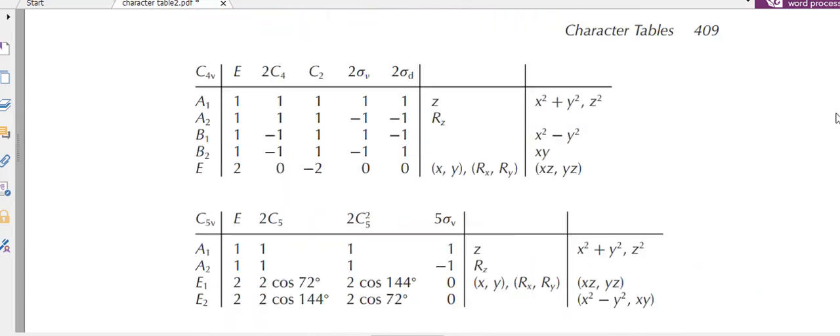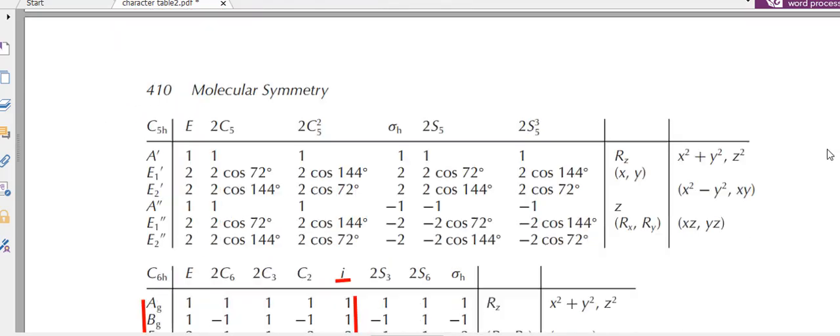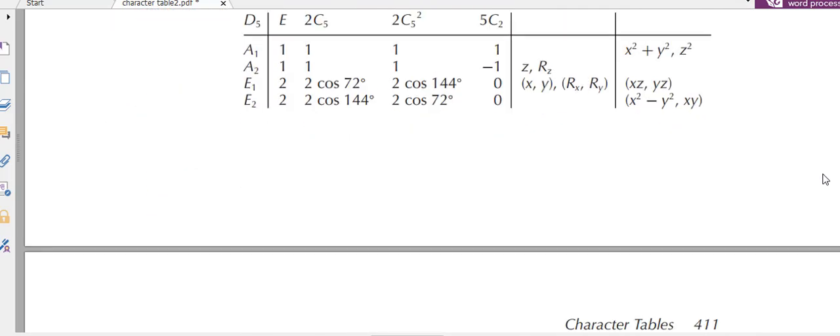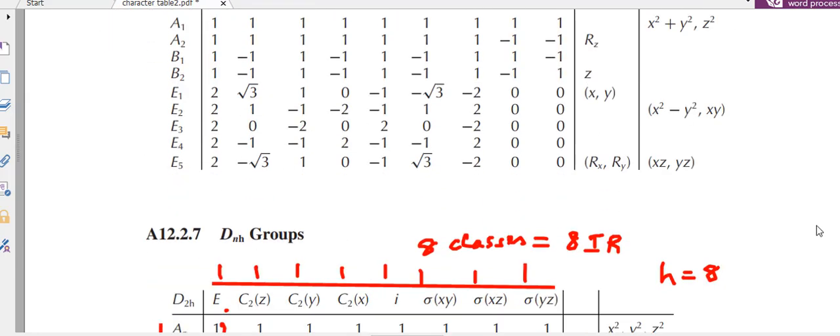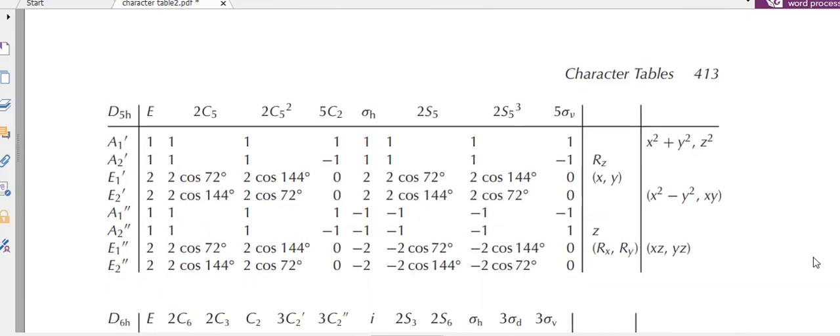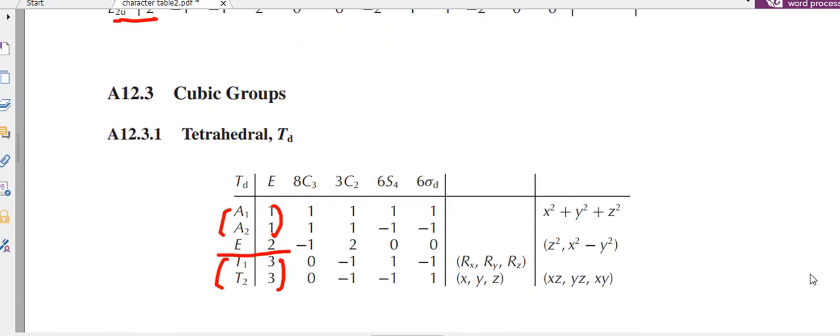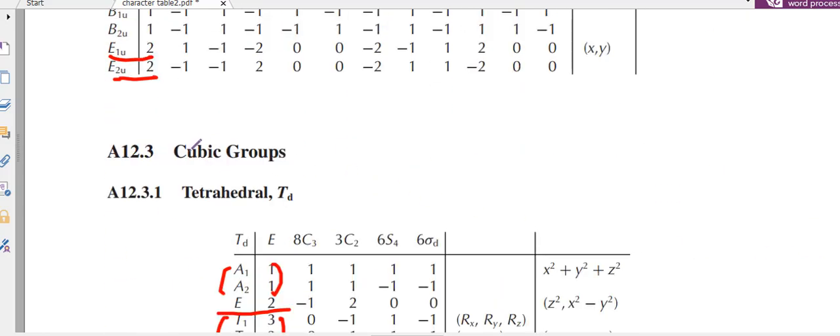I'll tell you something about the special point groups. When you have a special point group, say tetrahedral and octahedral groups, etc., you find the heading as cubic groups.